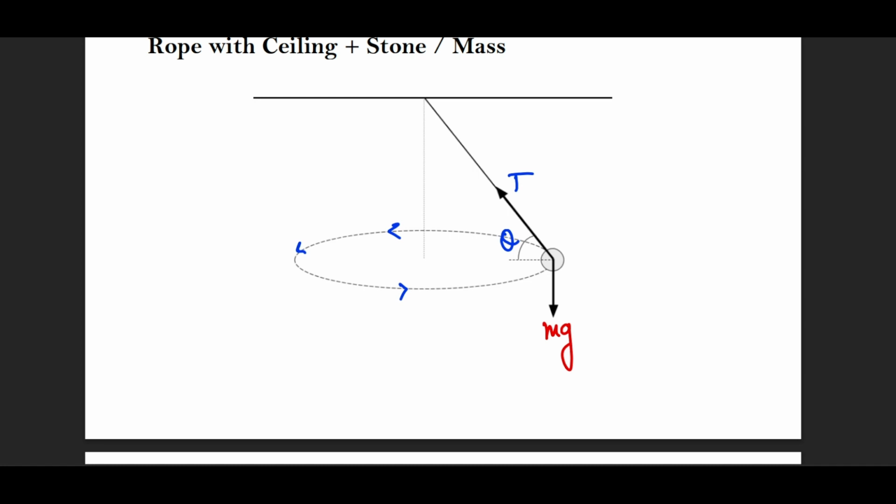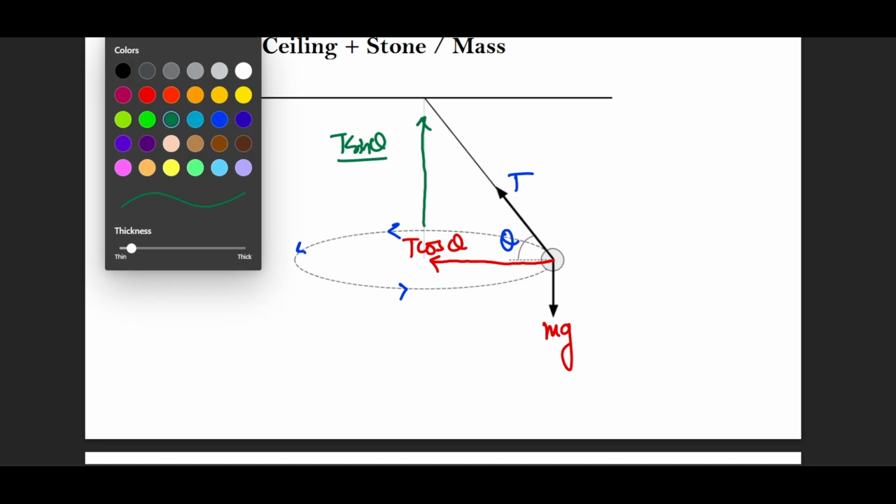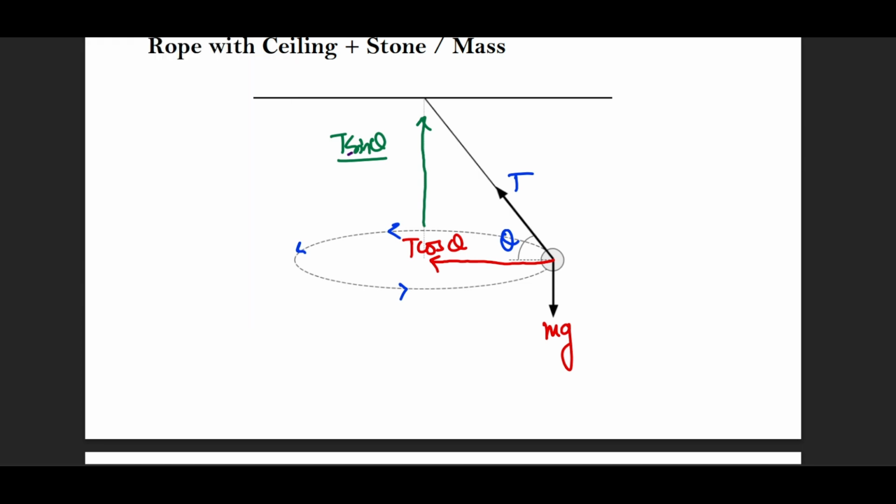And then let's make the components of tension. Tension's first component, according to the rope, will be in this direction, which will be T cos theta. And then we'll have one component because of the tension in the upward direction. Of course, I'm just dismantling this component of tension, right? So this becomes T sin theta. Now notice which forces are equal to which components.